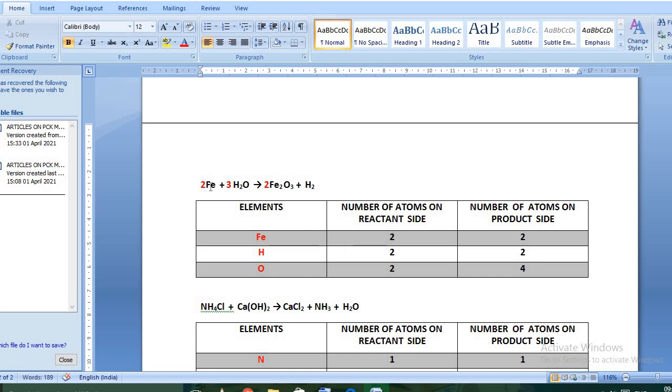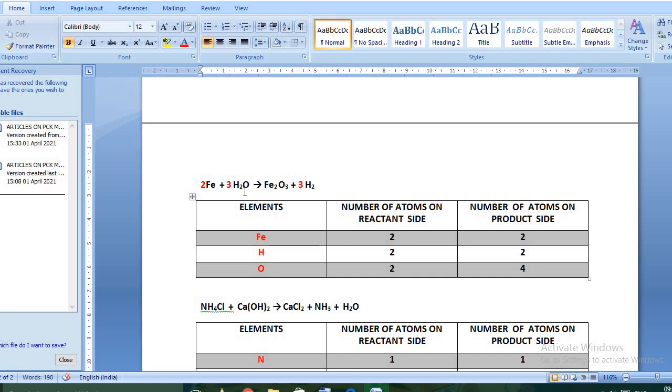So 2Fe plus 3H2O is forming Fe2O3. So we can remove this 2 now, Fe2O3, and 3 over here. So now it is balanced.